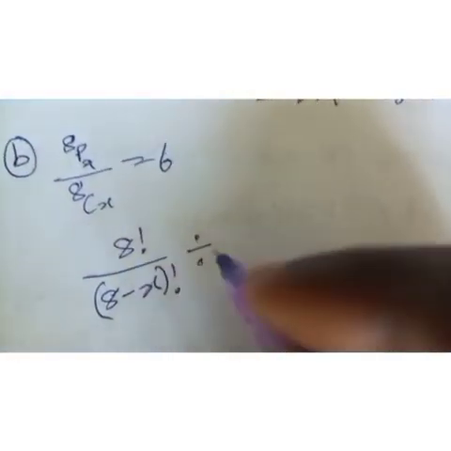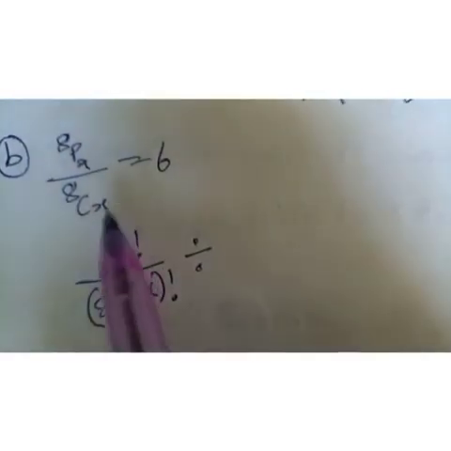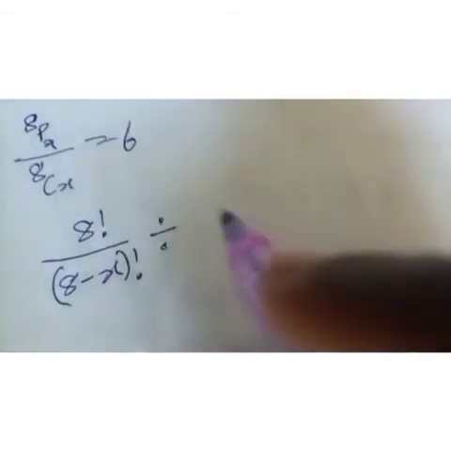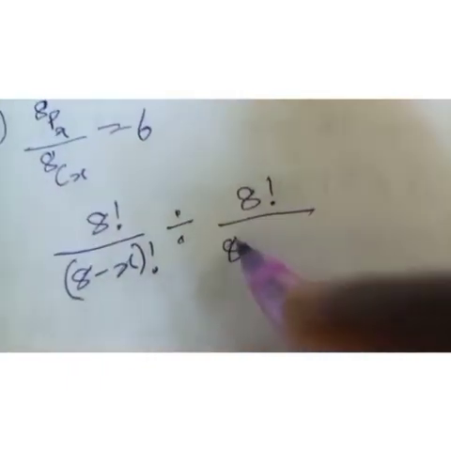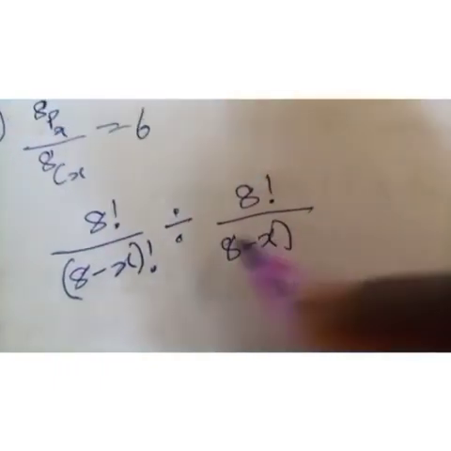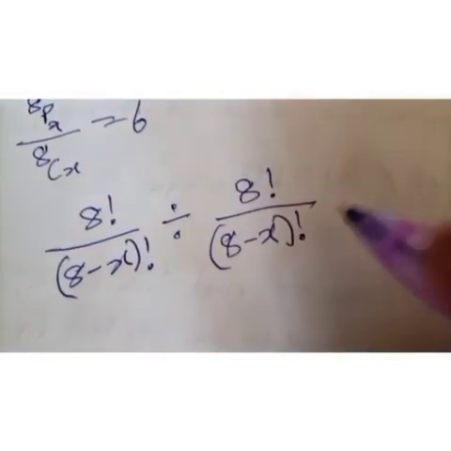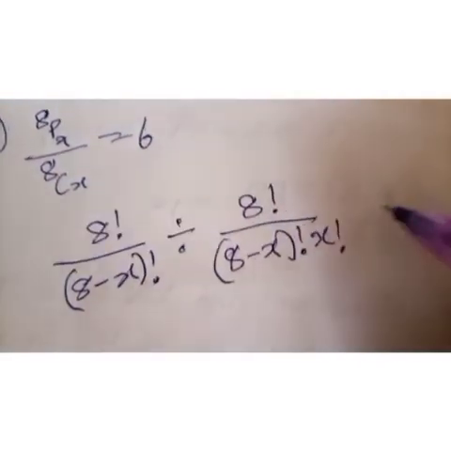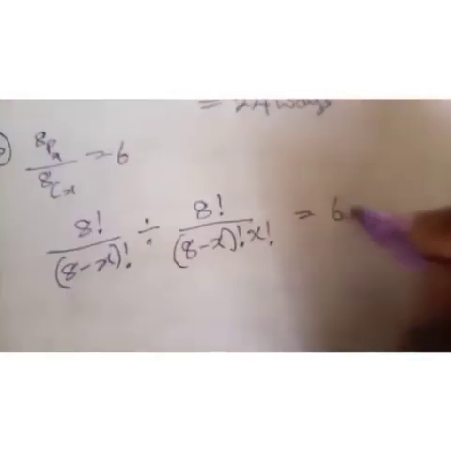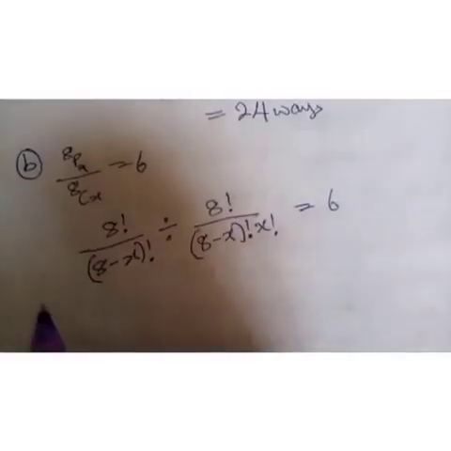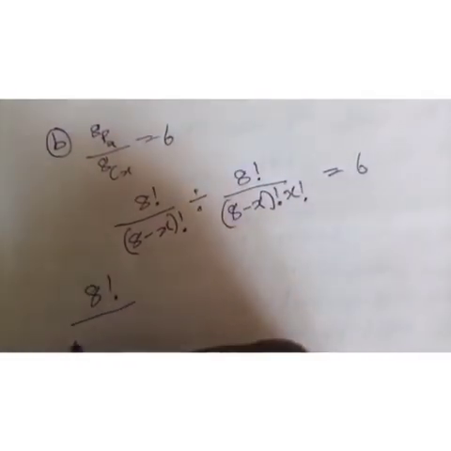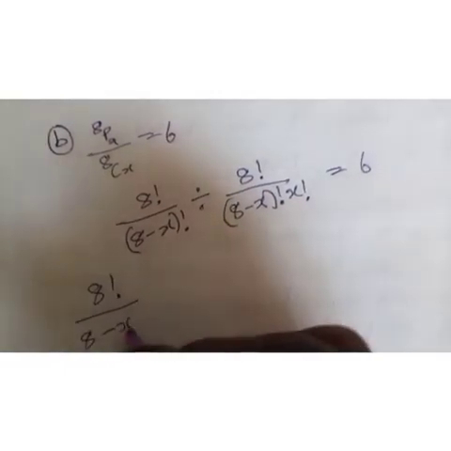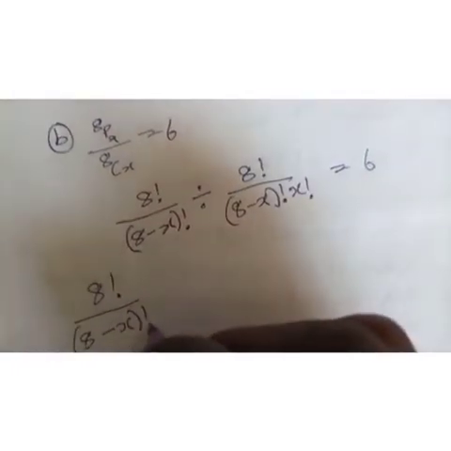You are dividing this by 8 combination X. 8 combination X is 8 factorial over 8 minus X factorial, then X factorial, which is equal to 6. Wow, so interesting. So here we can still say 8 factorial all over 8 minus X factorial.